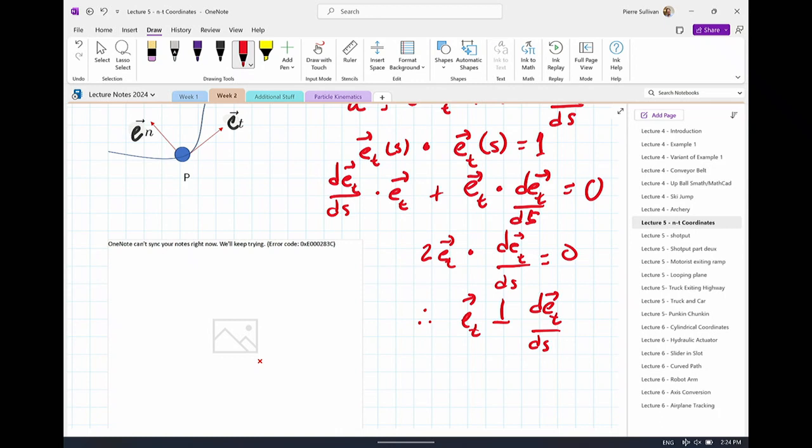So I talked about unit vectors in lecture 3, and we did a derivation with a circle. Here's another derivation of the same idea showing that they're acting normal to each other.